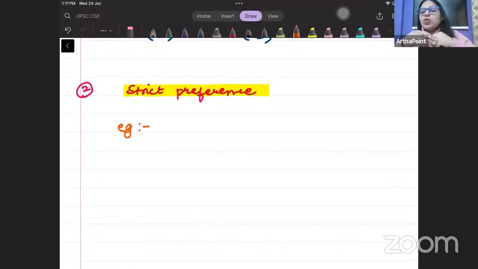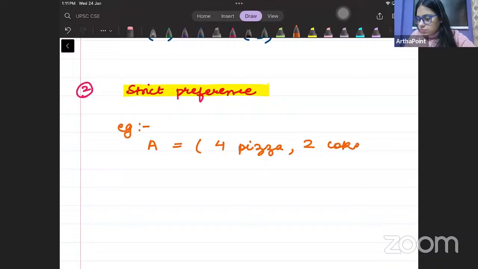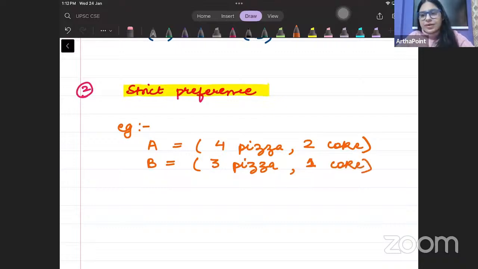suppose I tell you that you love pizza and you love cold drink. There is bundle A, which is giving you 4 pizzas and 2 cold drinks. And there is bundle B, which is giving you 3 pizzas and 1 cold drink. Right, beta?